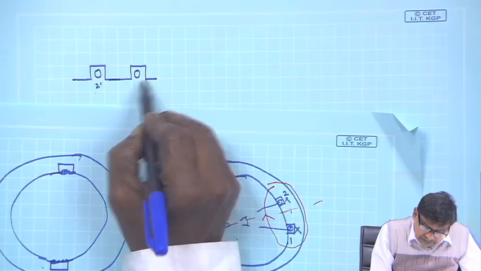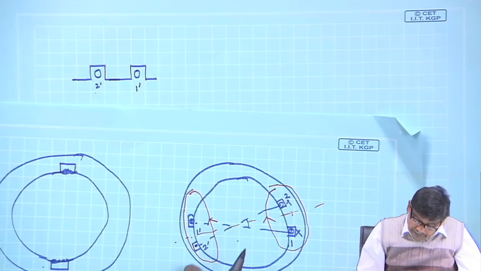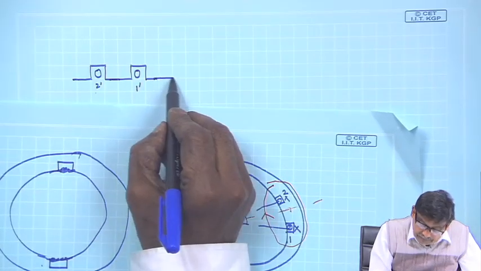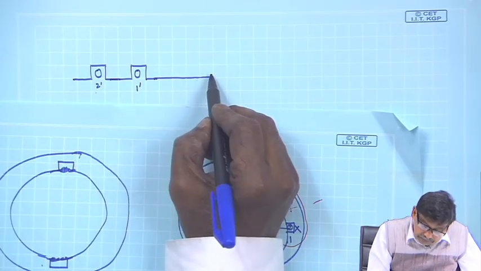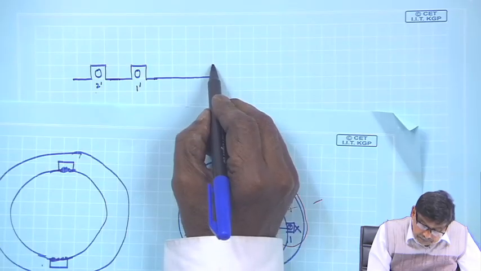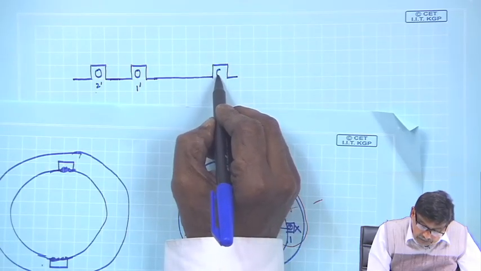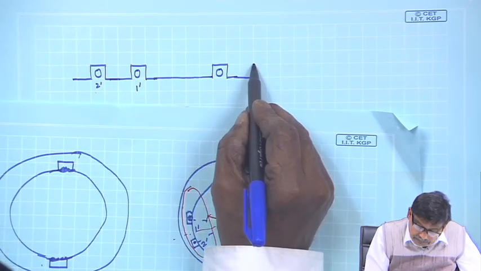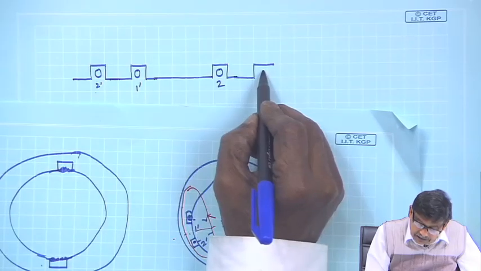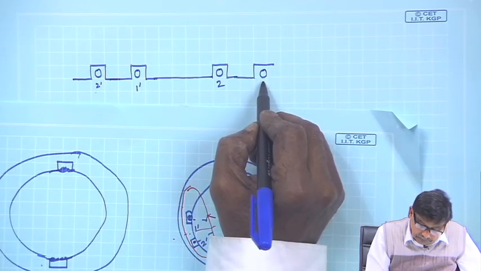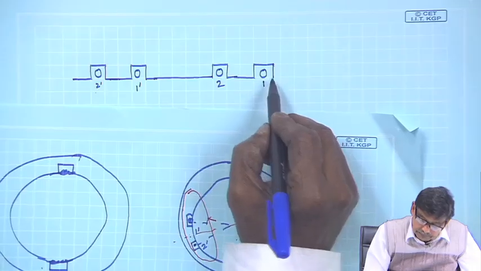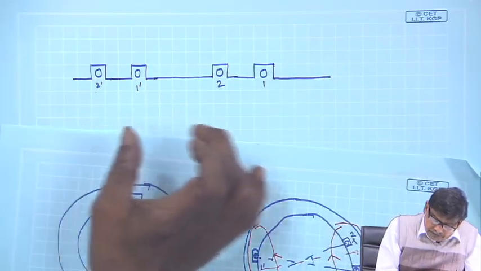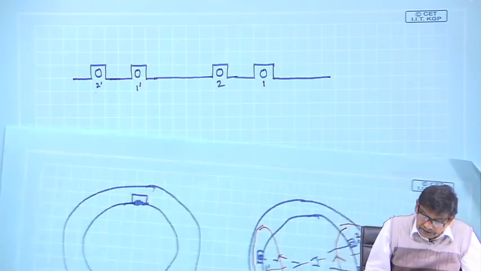This is 1 dashed, then you will see 2 as you go this way, then after 1, 2, 1, 2 you will get 1. So, the pole pitch is this, from 1 dashed to 2 dashed, whatever it is.